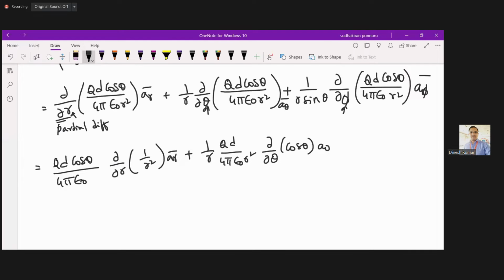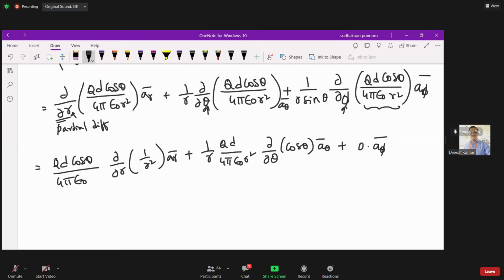Plus, with respect to phi, there is no phi term inside, so we can make this entire value 0. So 0 multiplied by a phi bar. Since there is no phi term, the differentiation becomes 0, and you can exclude this in the next steps.